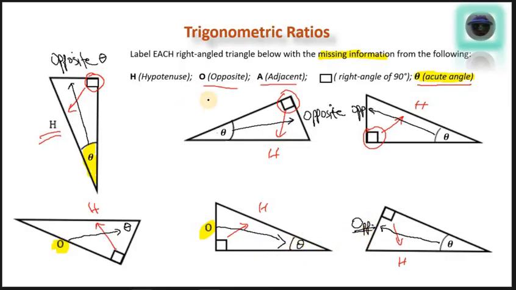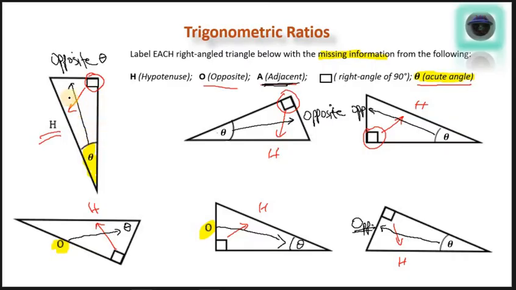All right. Now, in a right angle triangle with an acute angle, the right angle tells us where the hypotenuse is, and the acute angle will tell us where the opposite side is, as well as where the adjacent side is. The adjacent side is that side that is next to the acute angle.